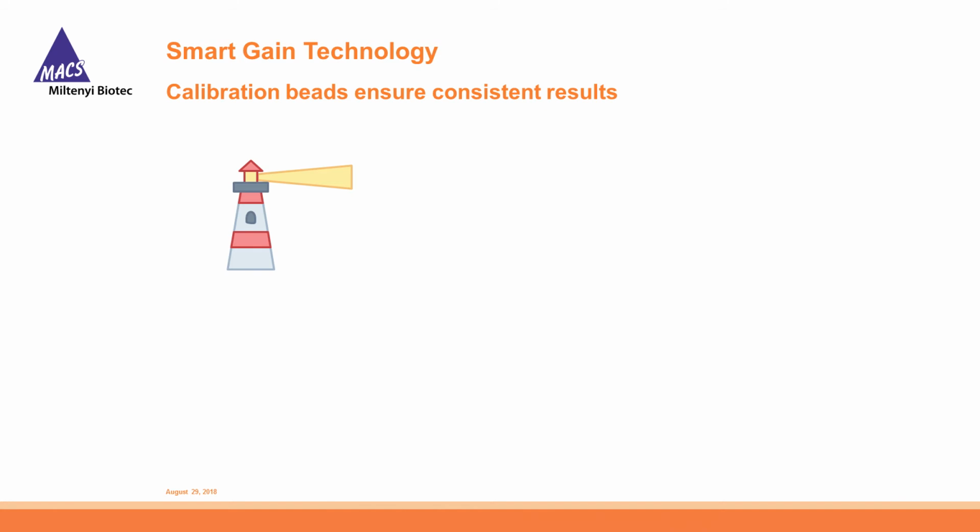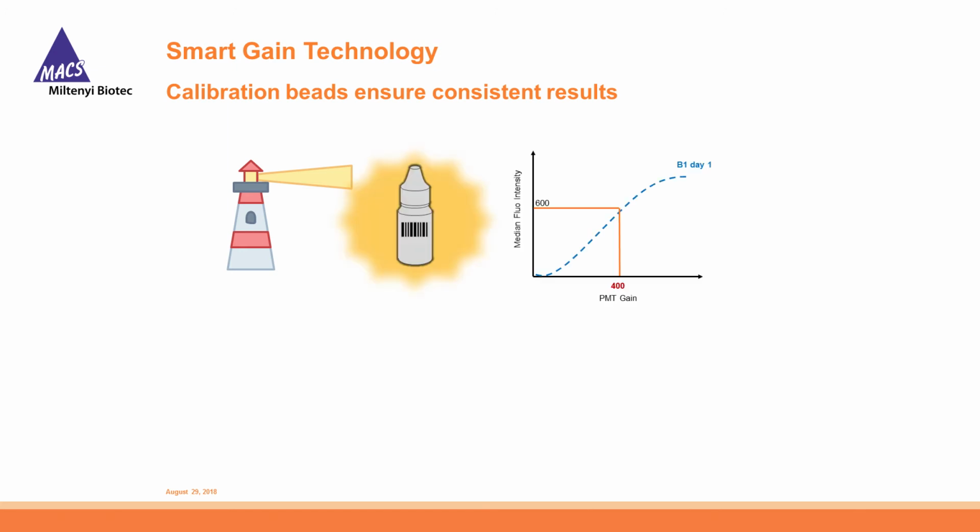So the Lighthouse is really just to be an emblem in the presentation for what calibration beads can offer. And so with all of our calibration beads come encoded values of fluorescent brightness.